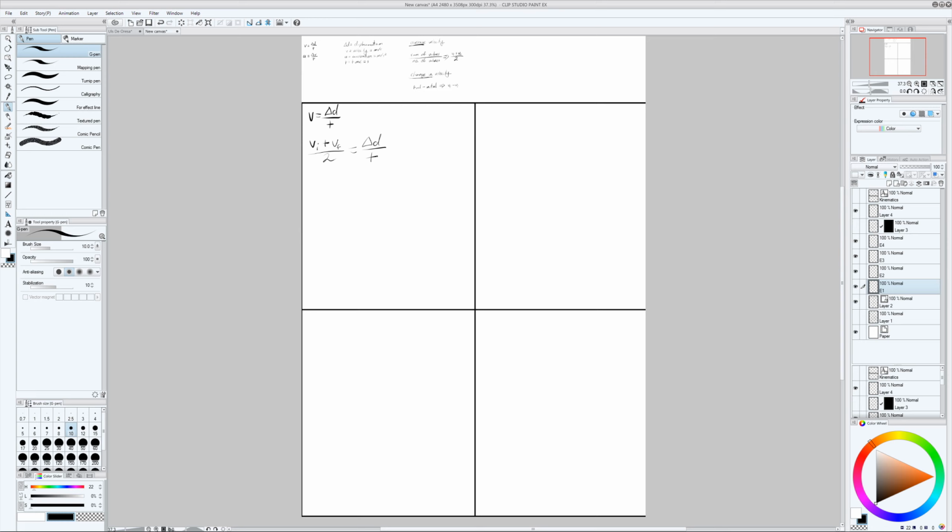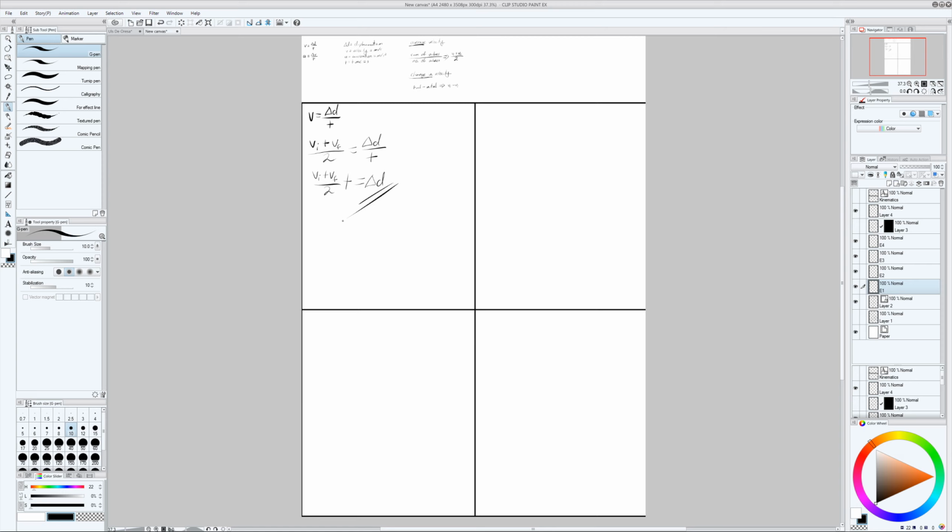Now if we want to just have one variable by itself, let's say the distance, we can then multiply both sides by t, so we have (vi + vf) over 2 times t equals the change in distance.